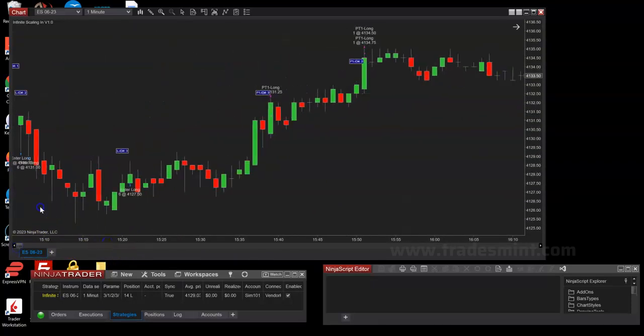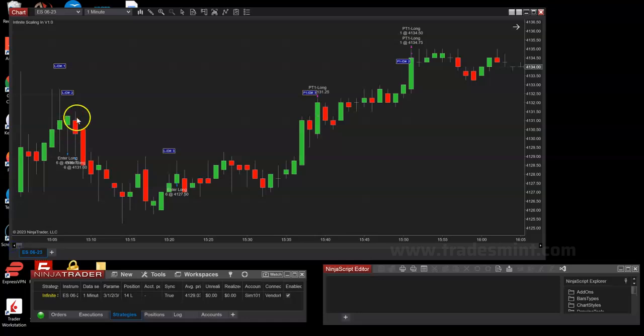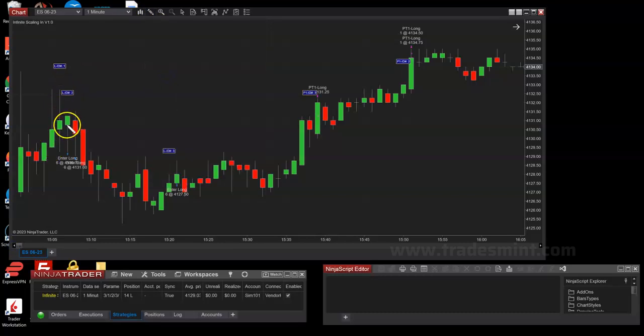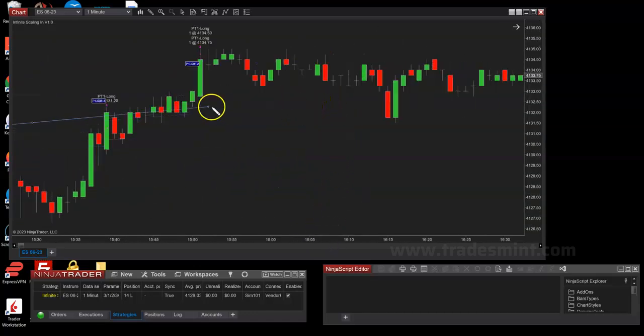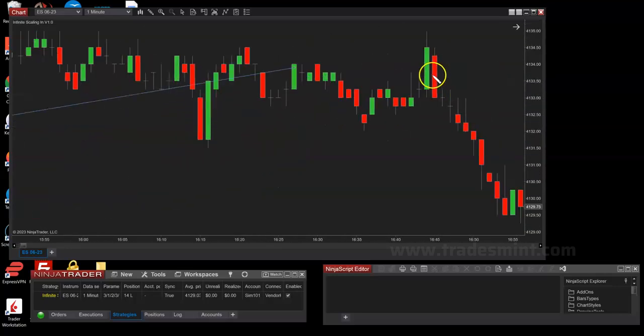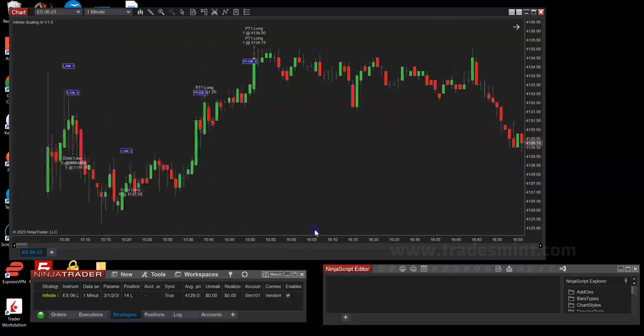Okay, so let's have a look. So long ID1 entered right here. There we go. This is the entry price. Let's see where it closed. So long ID1. I can't. Okay. Long ID number 1. So we're going to look for ID number 1 profit target hit or stop hit, and we have to kind of zoom out.